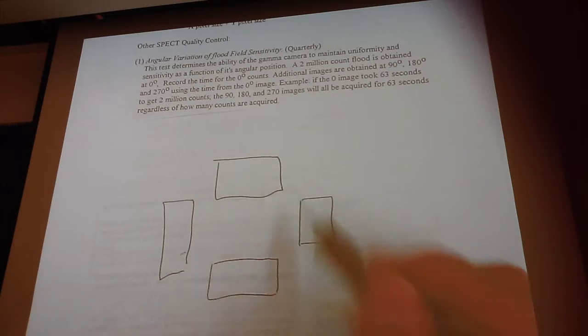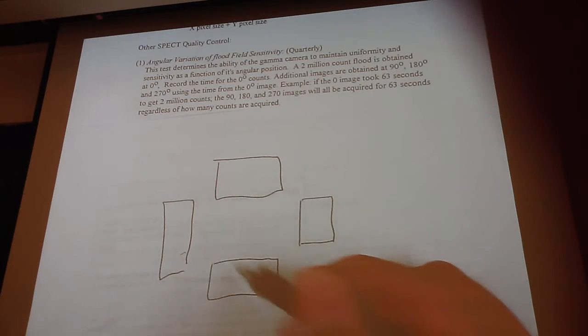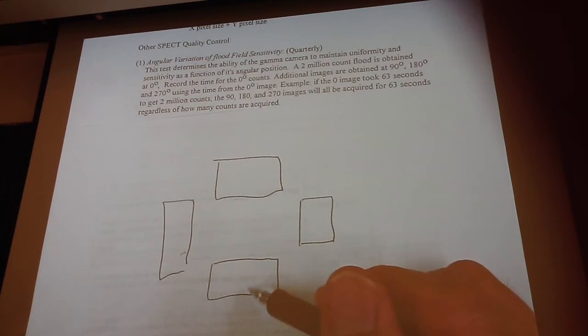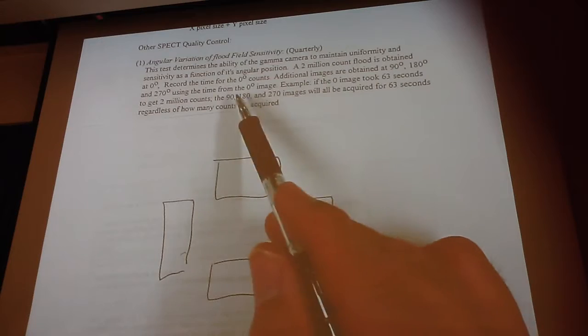In all of these different positions, you should have the same amount of sensitivity and uniformity. Agree? In other words, the position of the gamma camera shouldn't affect its ability to detect radiation. And that's what this thing is saying here.